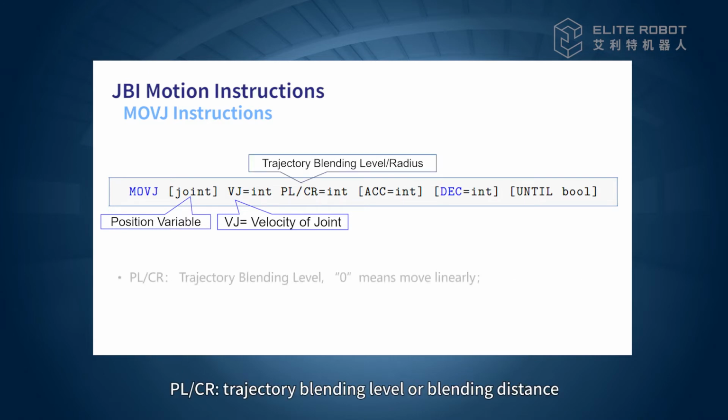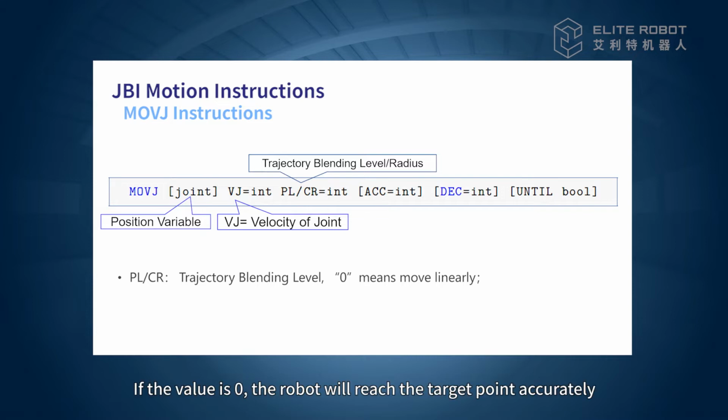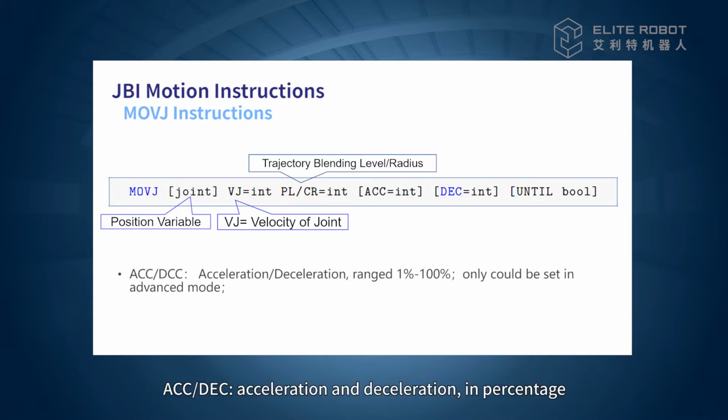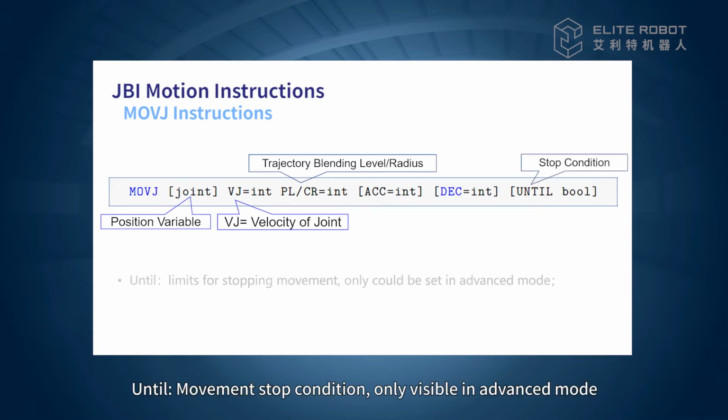PL or CR is the trajectory blending level or blending distance. If the value is 0, the robot will reach the target point accurately. ACC and DEC are acceleration and deceleration in percentage, which are only visible in advanced mode. Until is the movement stop condition, only visible in advanced mode.